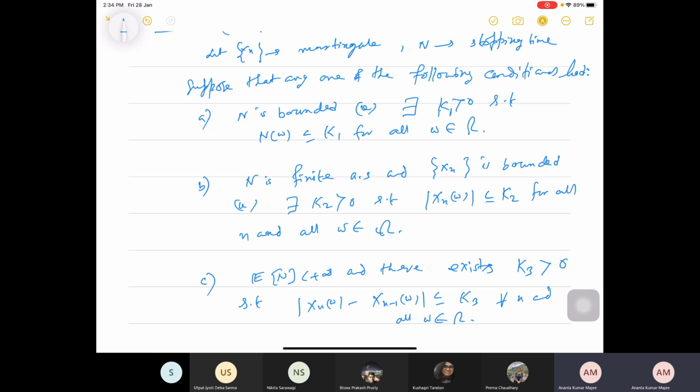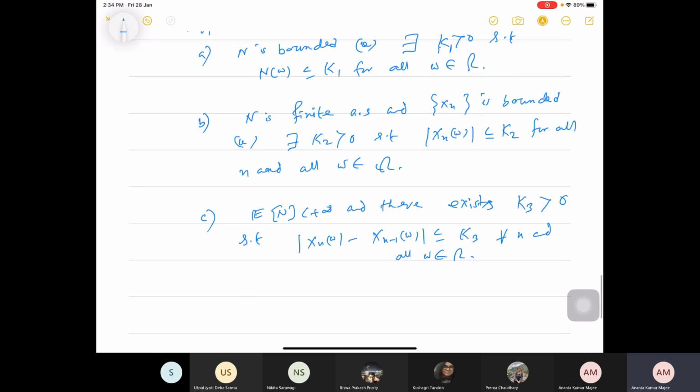If one of these three conditions holds, then I can say that the expectation of X_N is equal to the expectation of X0, where capital N is nothing but the stopping time.